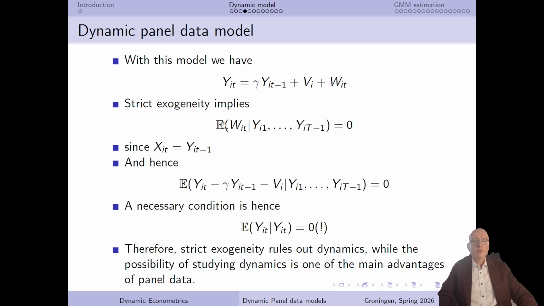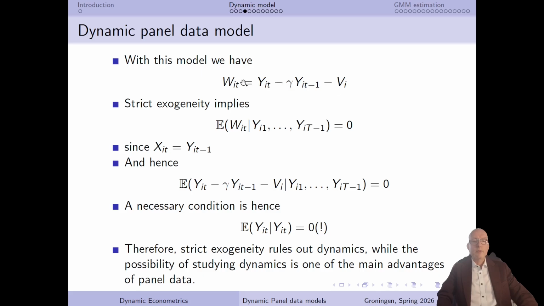Taking that into account, at the moment that we're going to look at this, the first thing I can do is that I can rewrite this model a little bit. We can write then something with respect to w_it. We have here w_it. So therefore what I can do is that I can bring these two terms to the left hand side, the other way around. And we find that w_it is equal to y_it minus gamma y_i,t-1 minus v_i.